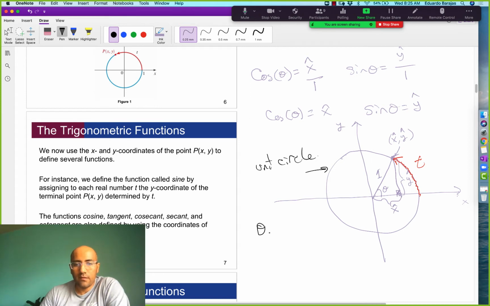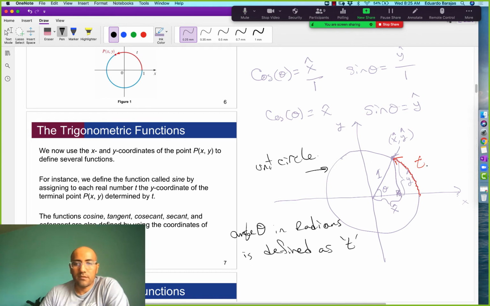So angle theta in radians is defined as t, the distance subtended along the arc by this angle. That's the definition of it.